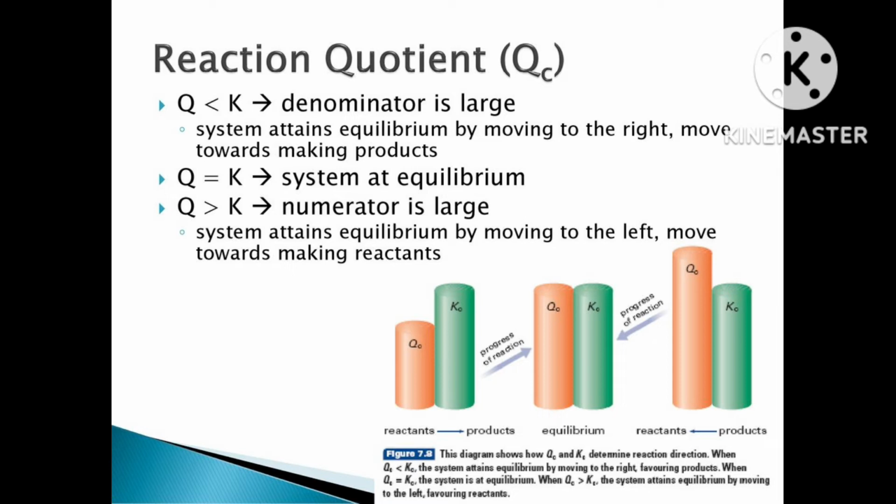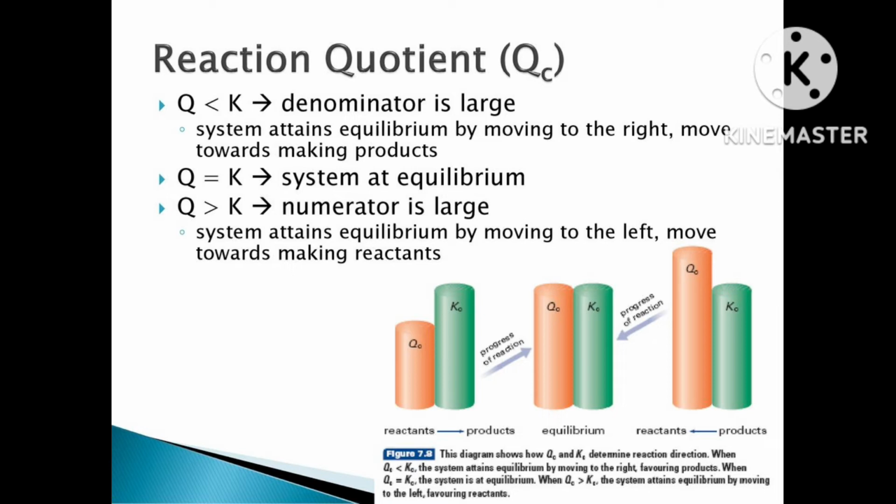But for any other values, suppose the molar concentration of H2 is 0.1 M, I2 is 0.2 M, and HI is 0.4 M. At that time you can't tell the Kc value, because they are not in equilibrium.